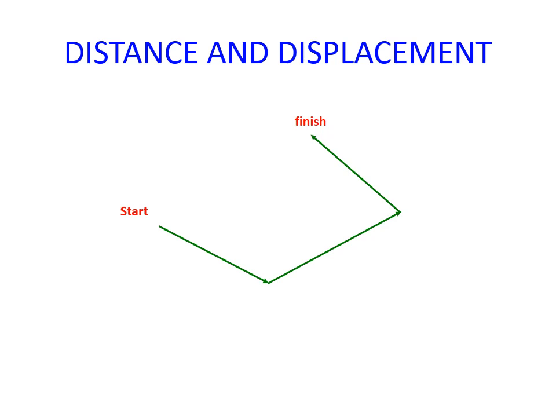The green arrow path represents distance. Besides the green arrow, there is a black arrow. The black arrow goes directly from the start point to the finish point. The black arrow represents displacement.